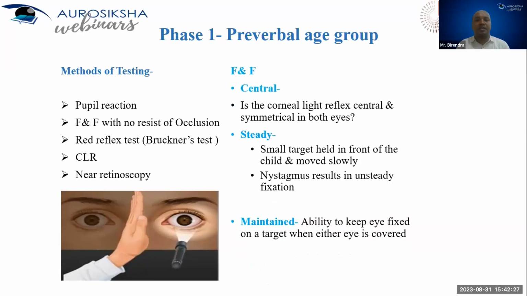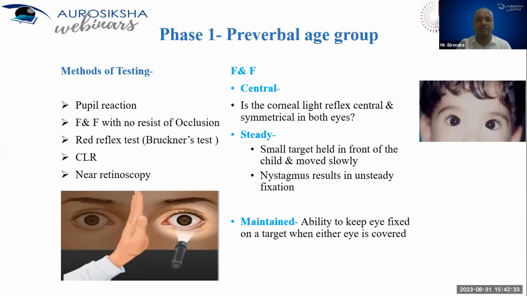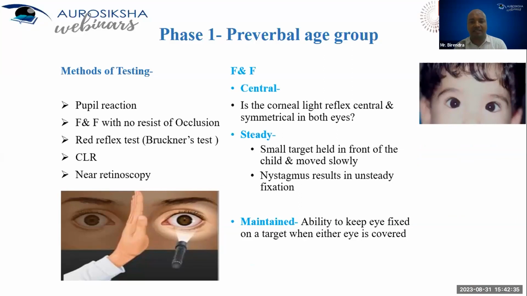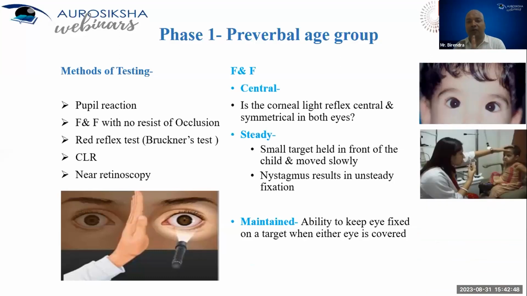Another test is fixing and following light with central, steady, maintained. Central stands for the corneal light reflex being central and symmetrical in both eyes. When you move the torchlight in different directions, it will stay in the center of the pupillary area. Steady means the small target in front of the child moves slowly.